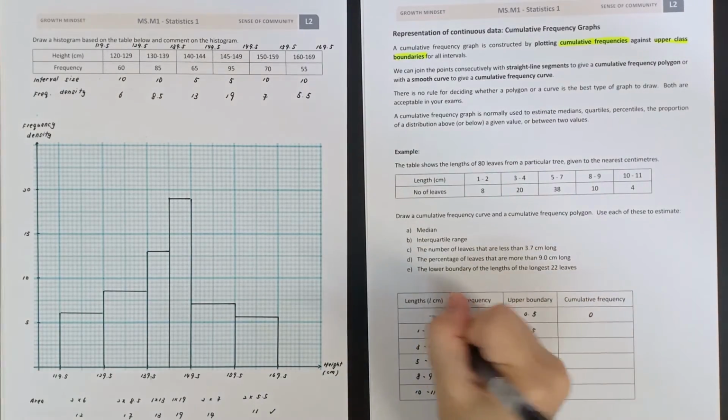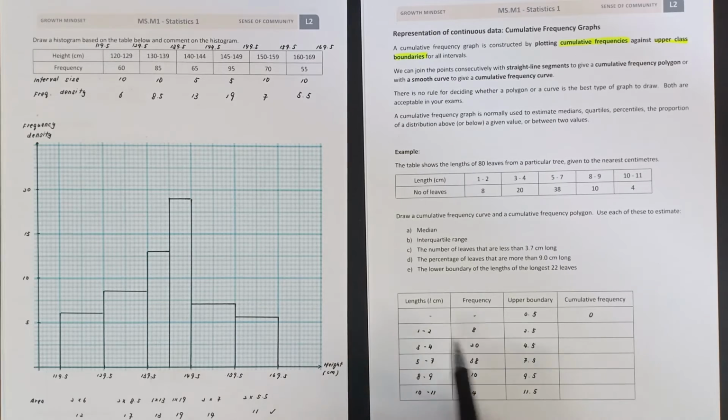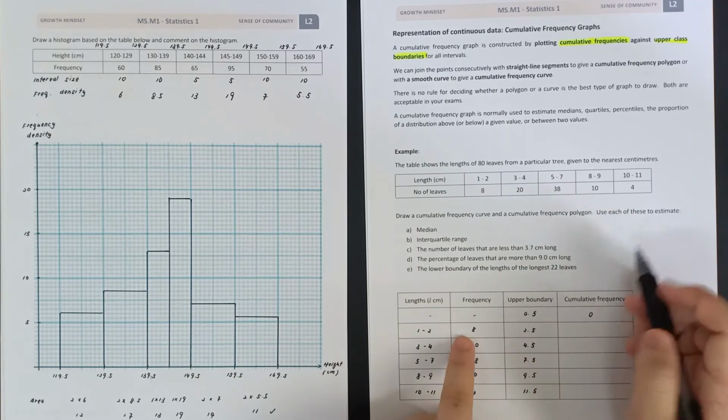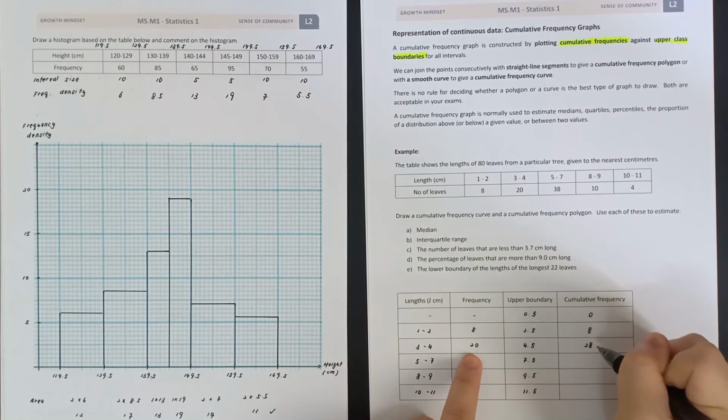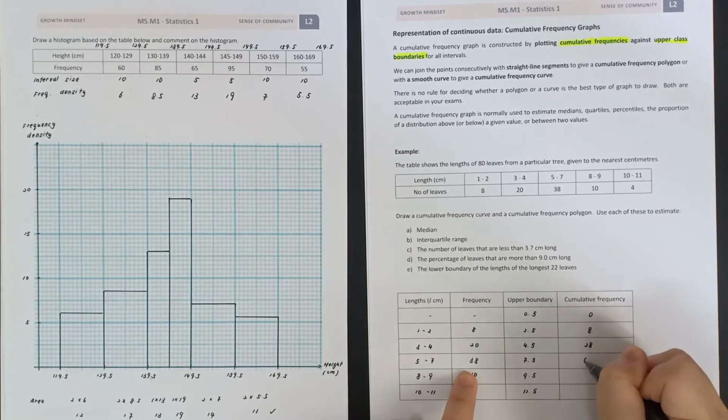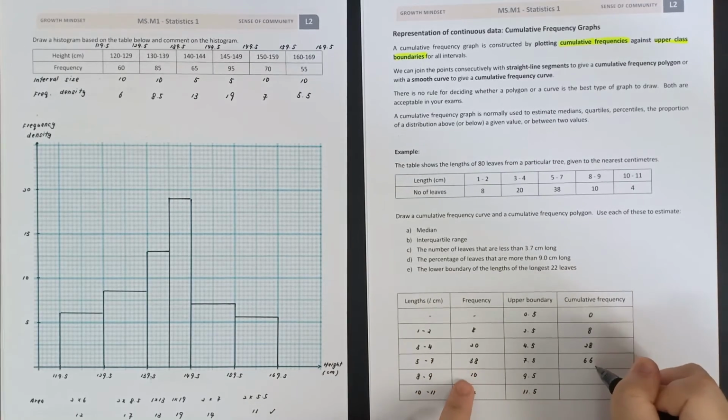This one you just leave blank because you don't have anything, so the cumulative frequency is 0. How to find the next one? 0 plus 8, 8. 8 plus 20, 28. 28 plus 38, 66. 66 plus 10, 76. 76 plus 4, 80.